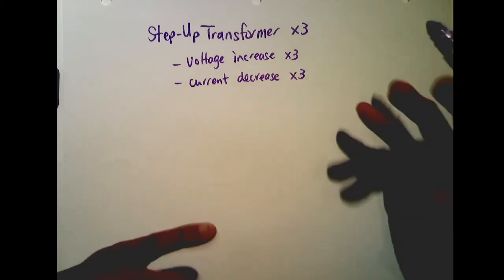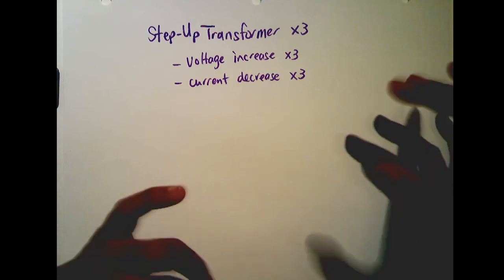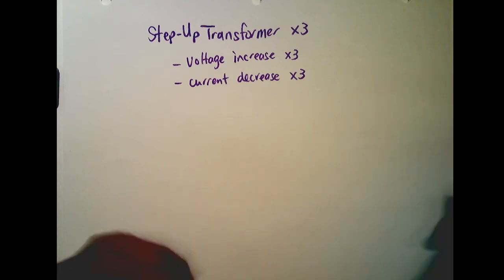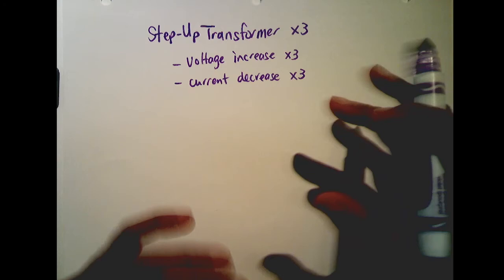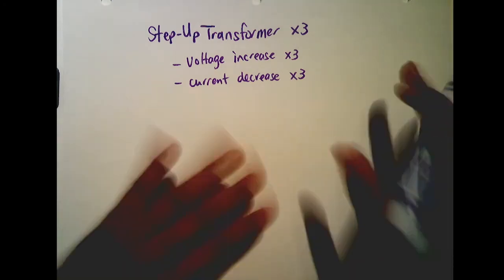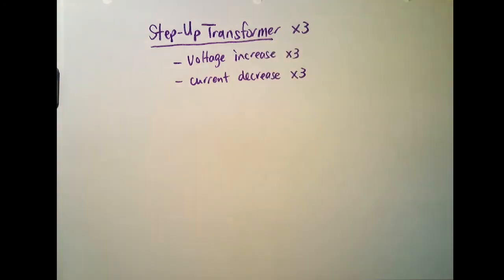The reason why the current doesn't increase is because you can't just make energy out of nowhere. There's got to be a sort of equal energy idea. It has to even out.